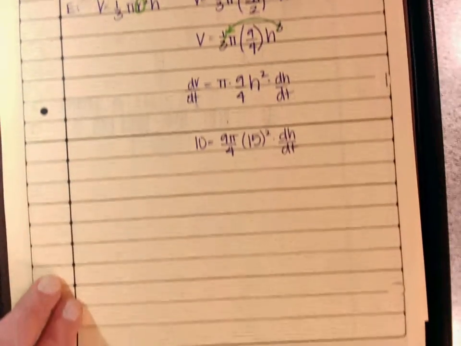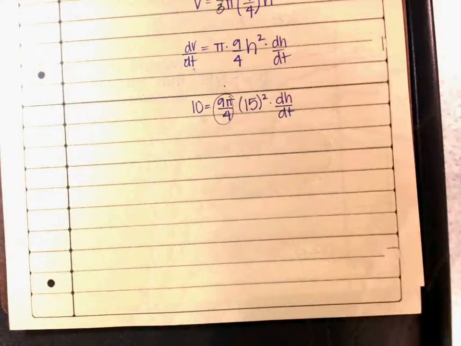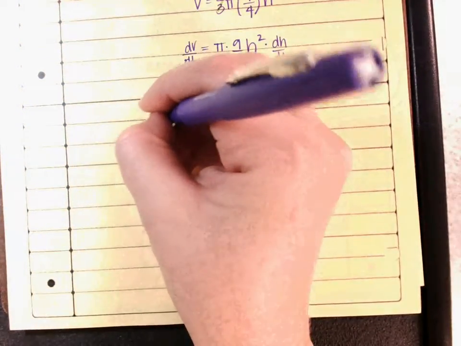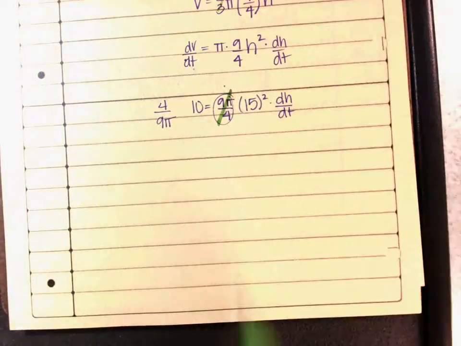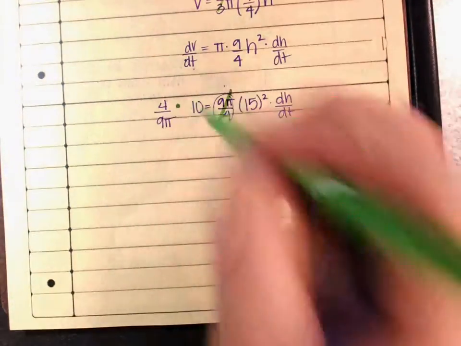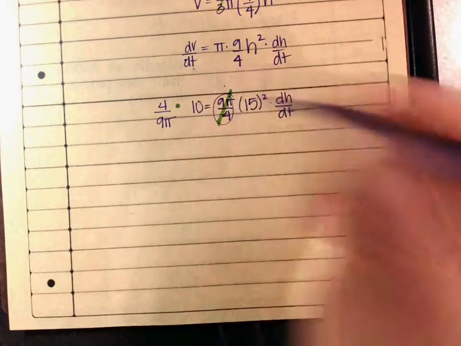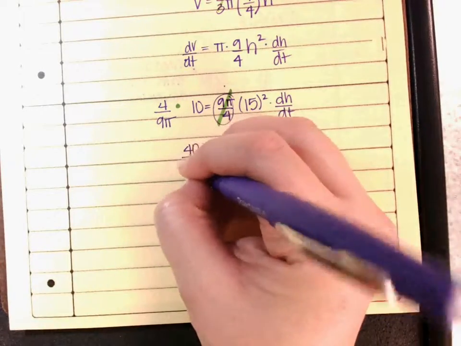Now, when I solve, how will I get rid of the fraction? To get rid of a fraction, I multiply by its reciprocal. So on this side, I'm going to multiply by 4 over 9 pi. That's going to cross that out. And if I do 4 times 10 on the top, remember fractions, you times the tops and the bottoms together, that'd be what? 40 over 9 pi.